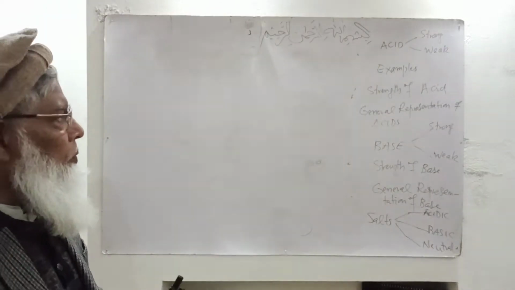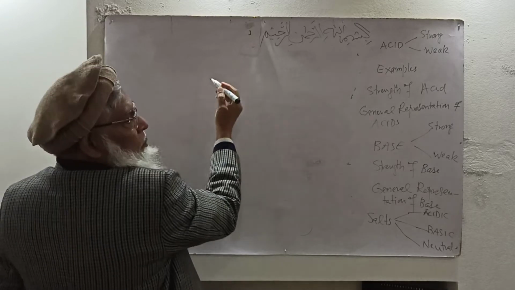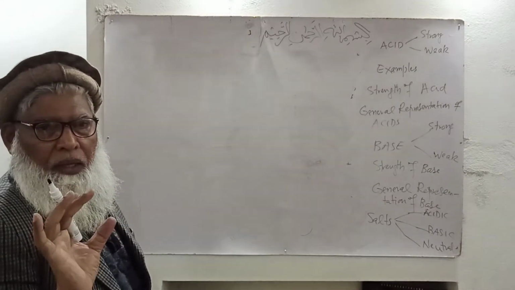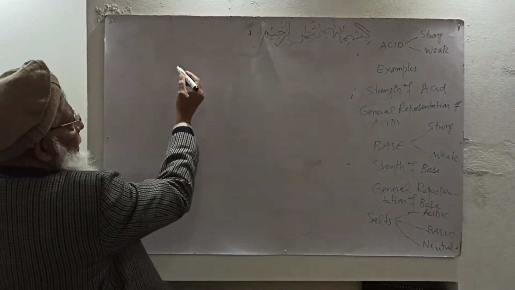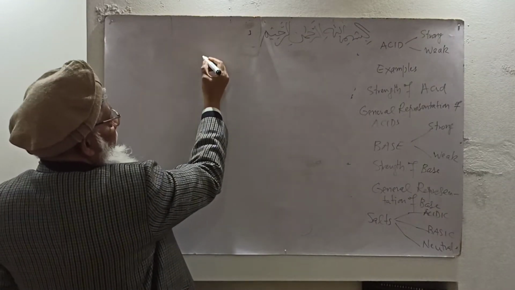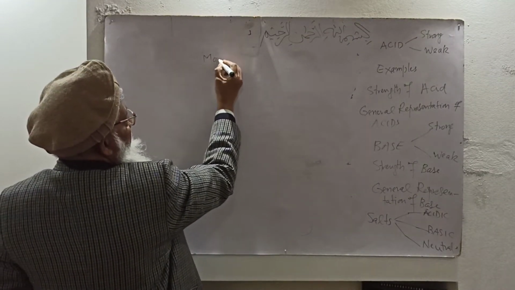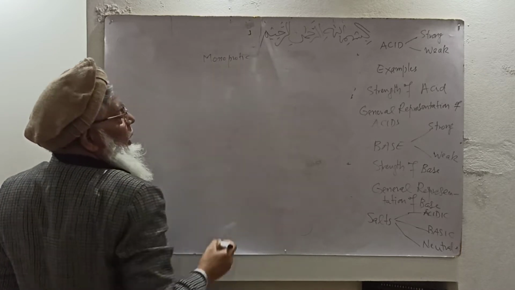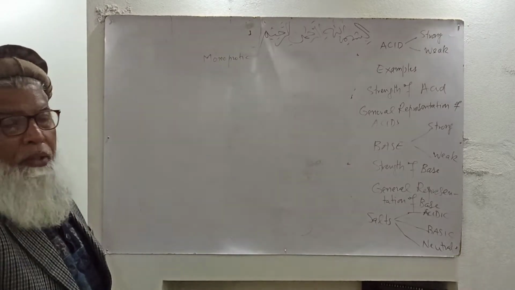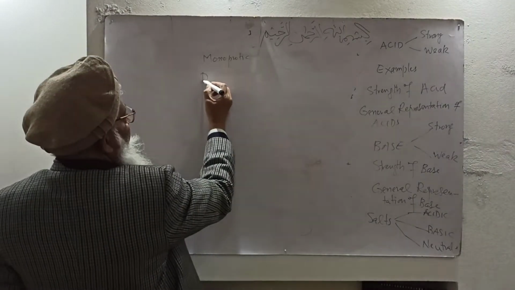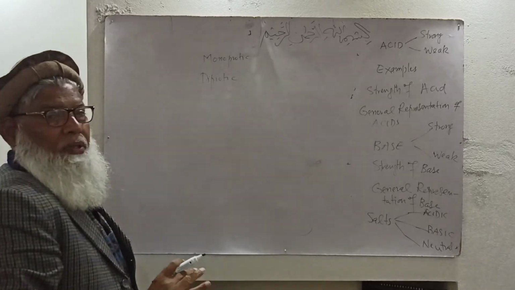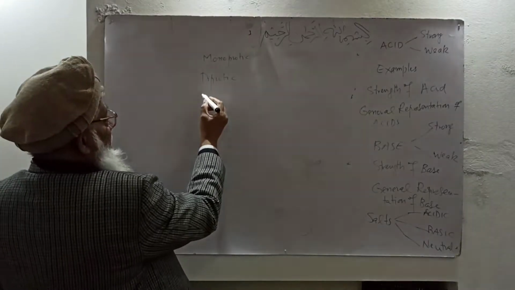In this way, we may speak of the proton donating capability of an acid. If an acid gives 1 proton, it is called monoprotic. If it gives 2 protons, then diprotic. If it gives 3 protons, then triprotic.